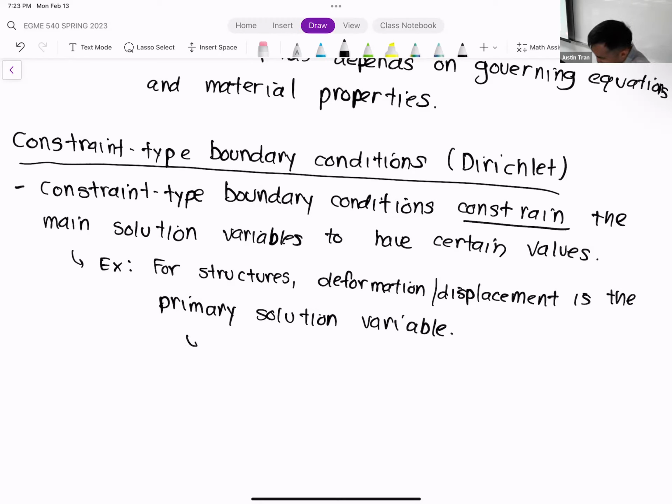And so the most common constraint that we're going to apply in this class is the fixed constraint, okay? Or fixed support, I guess. The fixed support boundary condition forces the deformation to be 0 at that location.